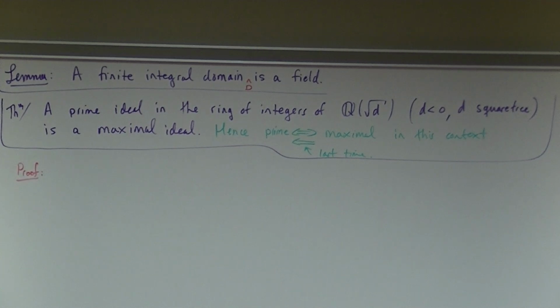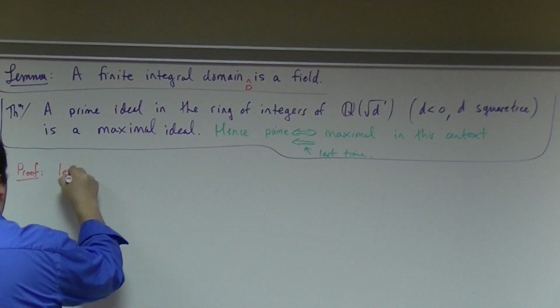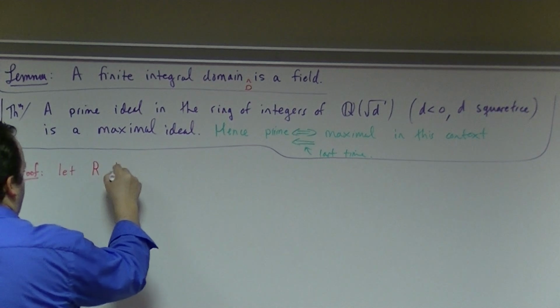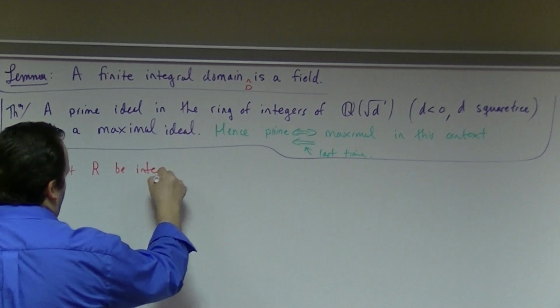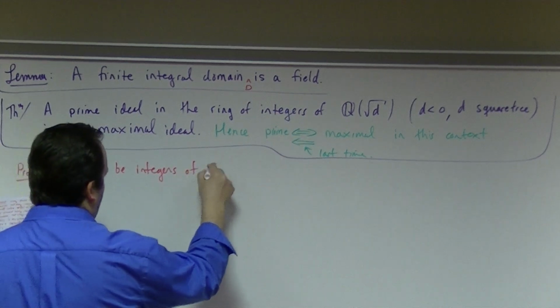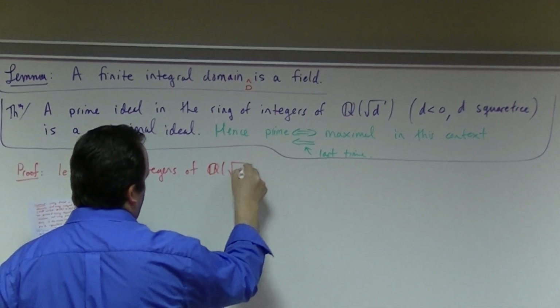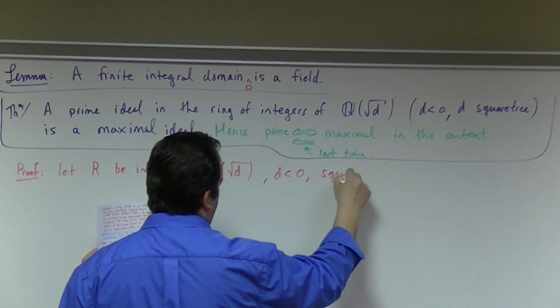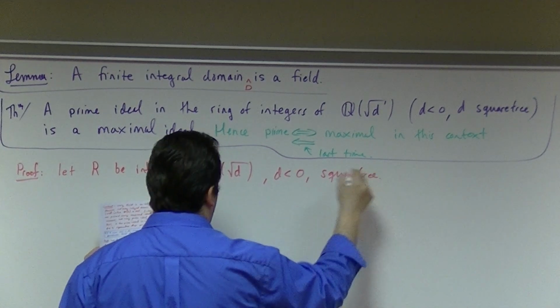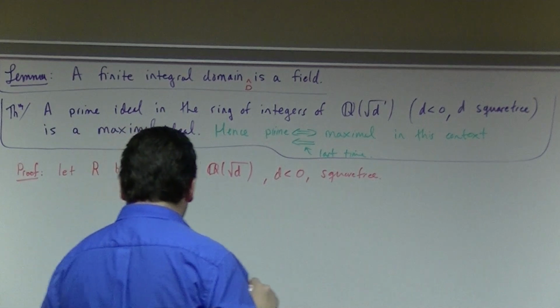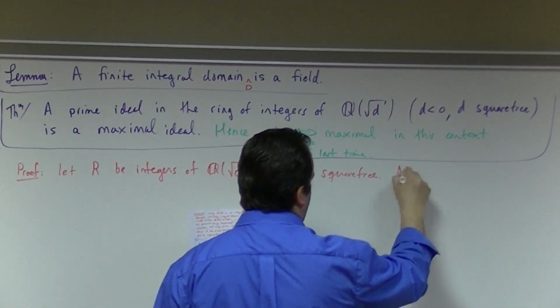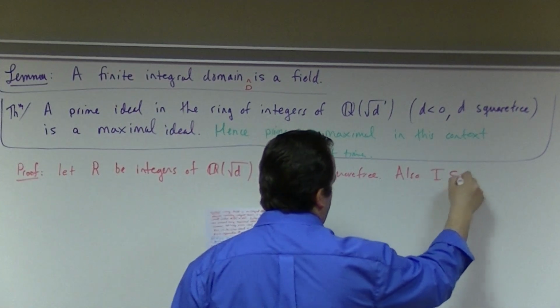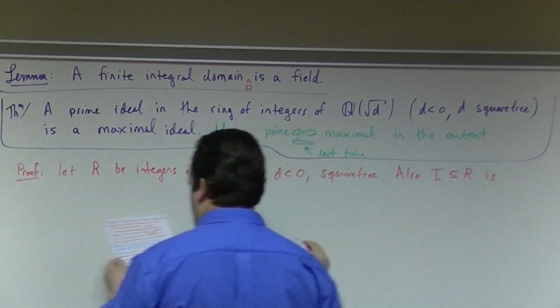All right, anyway, proof. So let R be the ring of integers. Let R be the integers of Q square root of D, D less than 0, square free. Also, suppose I, a subset of R, is a prime ideal.